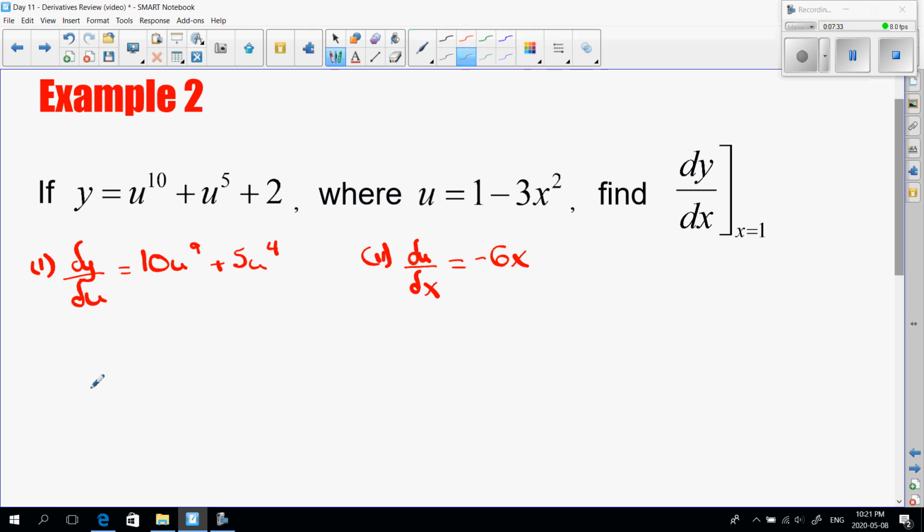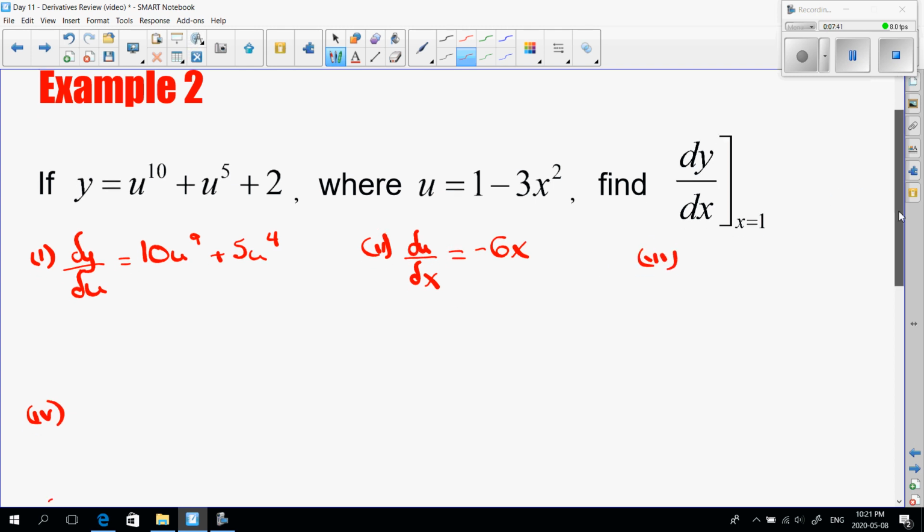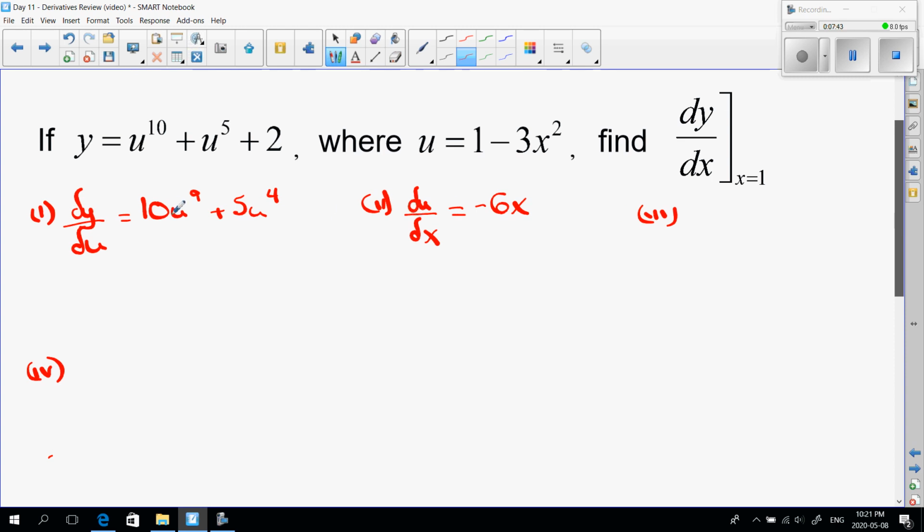Now, I'm going to call this step 4, and I'll show step 3 over here. I'll start with step 4 because it's going to lead me to figure out what I need to do in step 3. So if I want to find dy over dx when x equals 1, that's telling you to fill a 1 in for the x's.